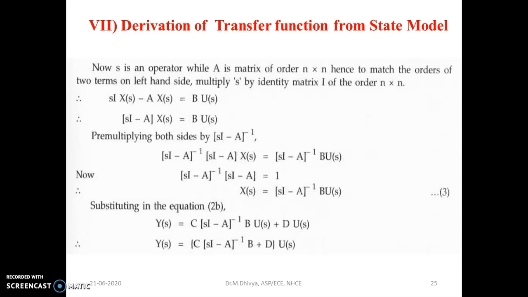Now s is an operator while A is a matrix of order n cross n. Hence, to match the orders of the two terms on the left hand side, multiply s by the identity matrix I of the order n cross n.